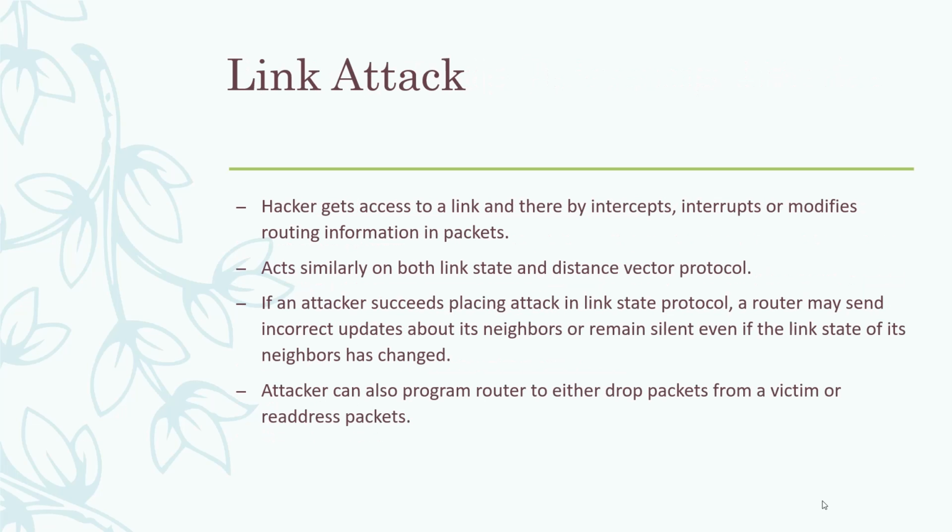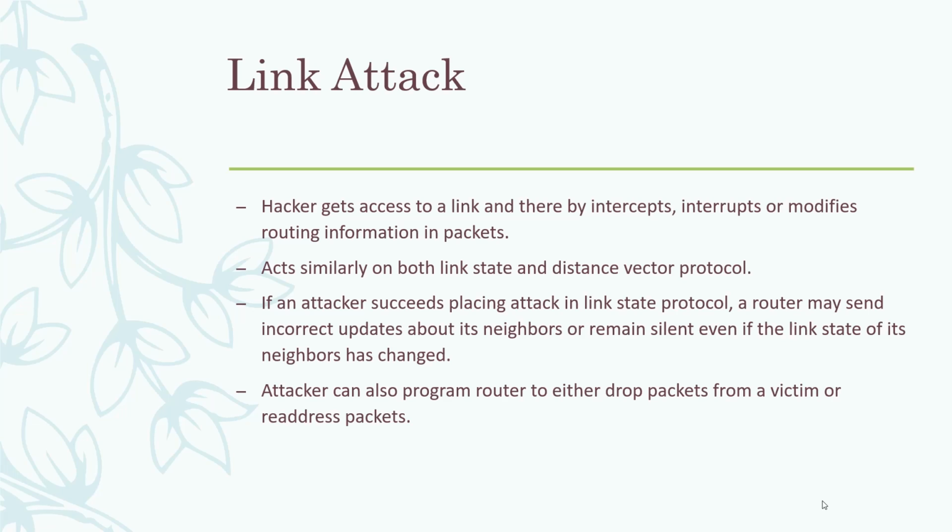In link attack, the hacker gets access to the link and thereby intercepts, interrupts, or modifies routing information in the packets which are traversing that link. The effect of a link attack is the same in both link state and distance vector protocols.